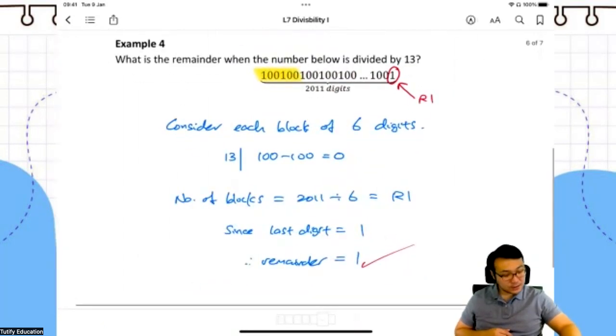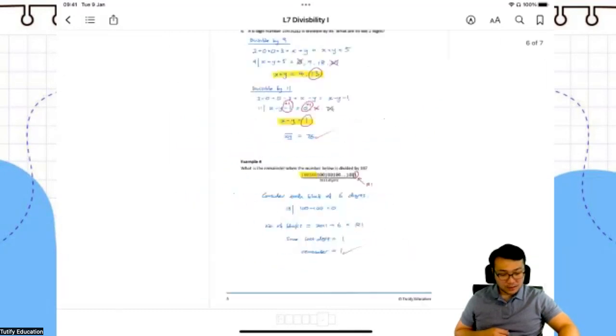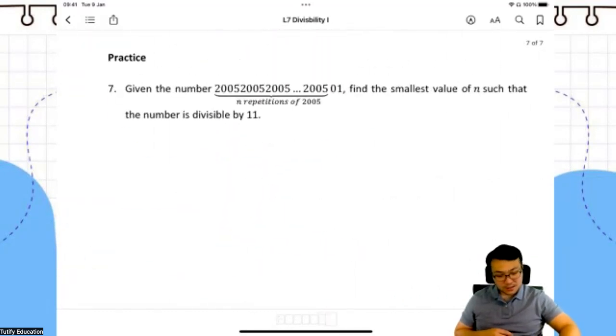Anyone has questions about this? So that's the reason why we have different rules. Because sometimes some rules are more useful than others. And when the number is very long, we are going to opt to use the 6-digit rule, the block of 6 digits.